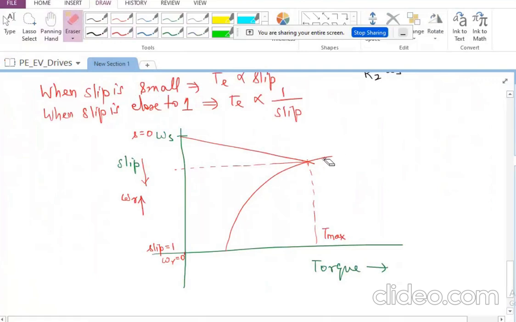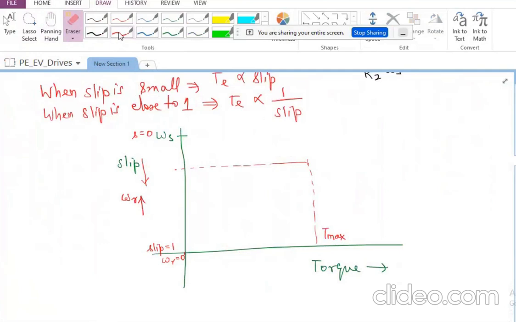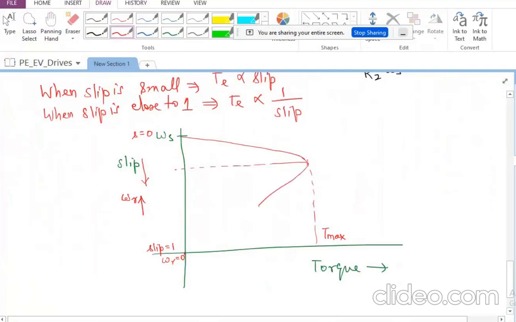So if you really draw the complete characteristics, you should draw something like this. It is going to be somewhat linear, and it is going to be like a hyperbola during this time. So this portion is proportional to 1 divided by slip, whereas this portion is proportional to slip itself. And this particular torque corresponds to the maximum torque that can be delivered by the induction motor.